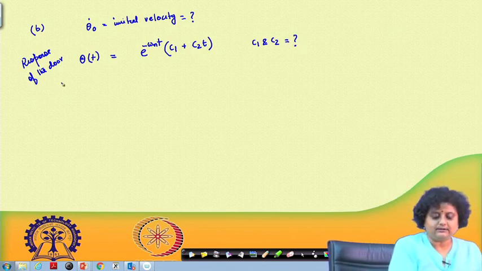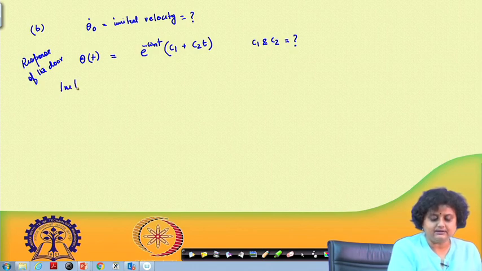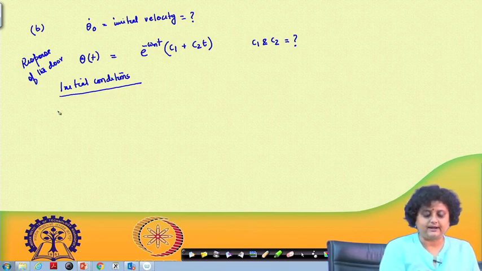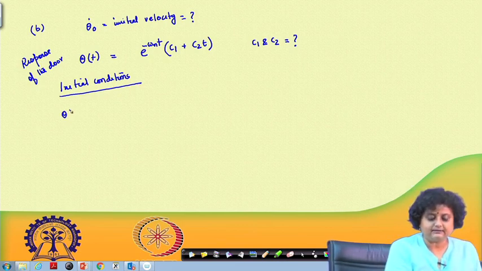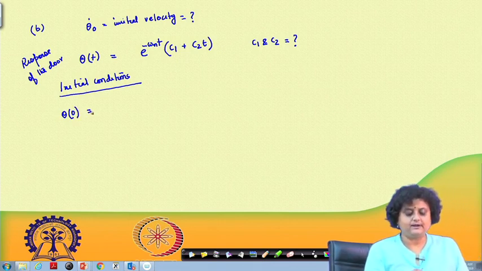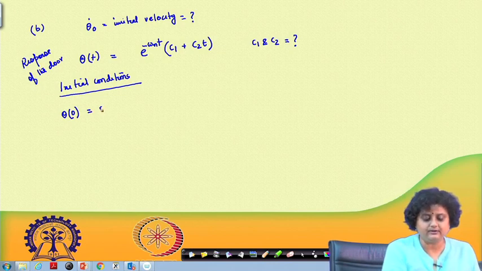So, what are the initial conditions? Let me write them down. The initial condition is that theta 0, that is the rotation or the displacement at t equals 0, is 0.